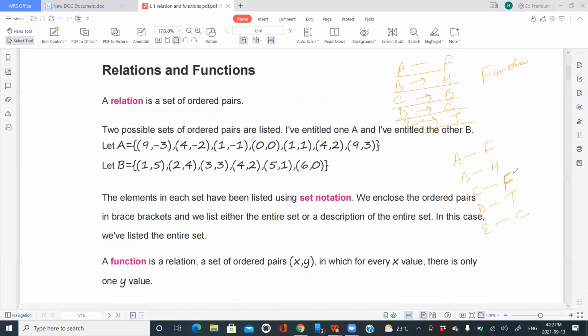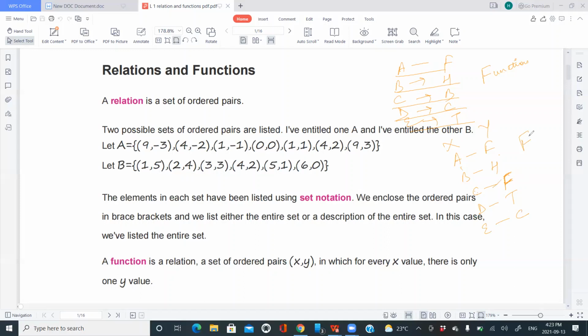Function, sorry. What is the definition of a function actually? Can you tell me again? A function is a relation, a set of ordered pairs, in which every x value has only one y value. Yes, every x value has only one y value. These are our x's and these are our y's, right? So here there can be the same y values for different x values. It can be. So yes, it is a function.